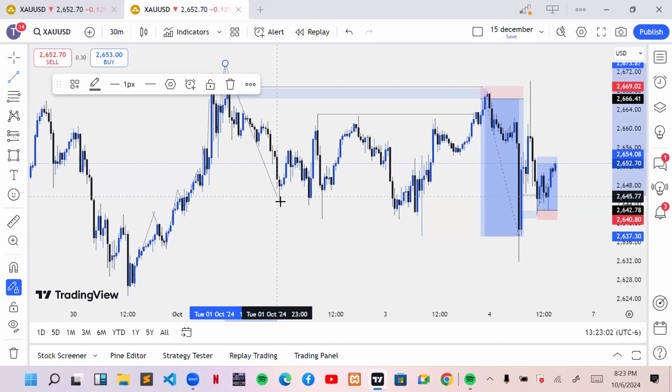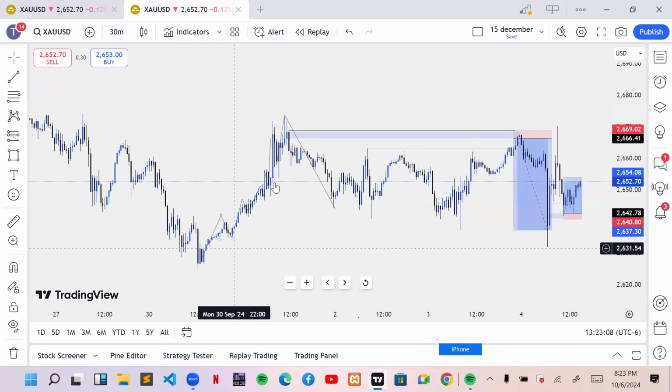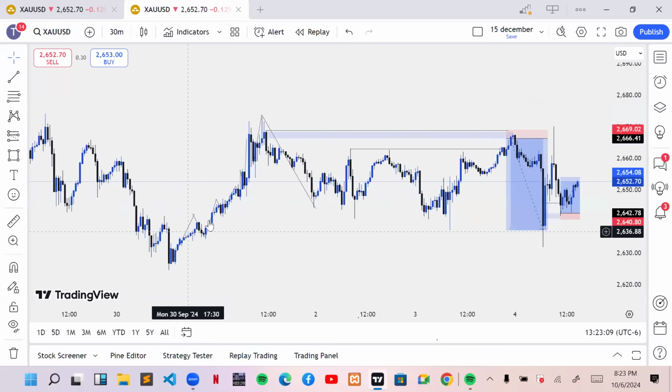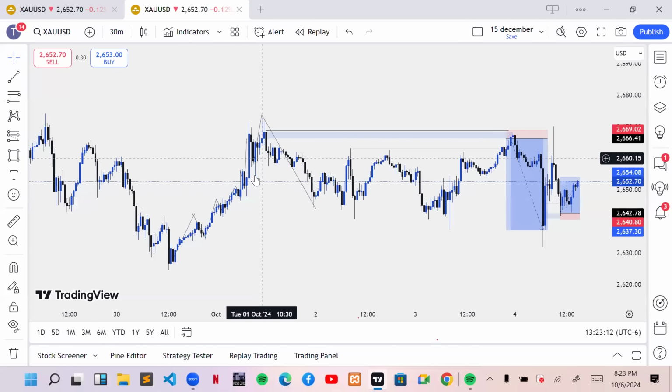It made a lower low right here. So pay attention. Previously, I would be taking buys from this trade: higher highs, higher lows, higher highs. So we're taking buy continuations. But what did the market do? This was the last low in the market, but this particular move that happened here now turned the market.